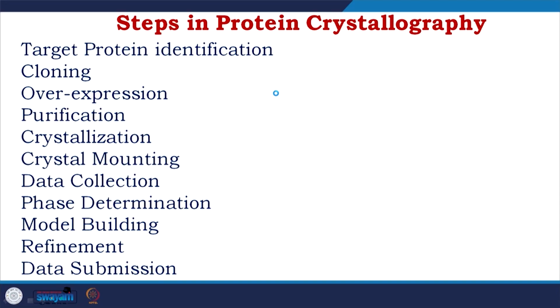Mounting the crystal, how you take the crystal from the drop where you set it to the diffractometer, the machine, how you collect data, what your strategies are, how to optimize data collection strategies. Then the phase problem I talked about, so how to work with that, how to determine the phase, what the techniques are, what the challenges are, and how to solve them. Phase problem is the second biggest problem in crystallography.